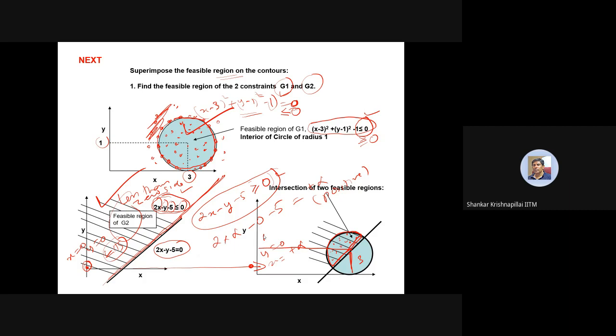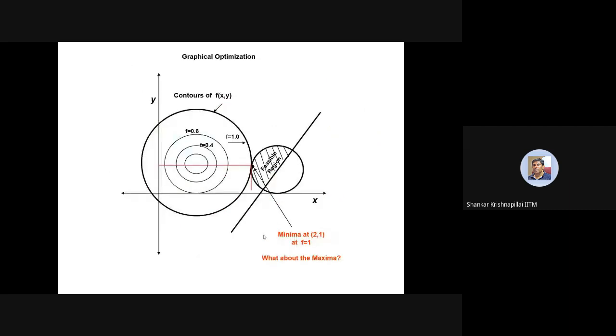Next we have to superimpose the objective function contours on it. We know that the objective function contours are centered at 1, 1 and they go increasing like this, 0.4, 0.8. We find that the contour f equal to 1 just touches this feasible region.